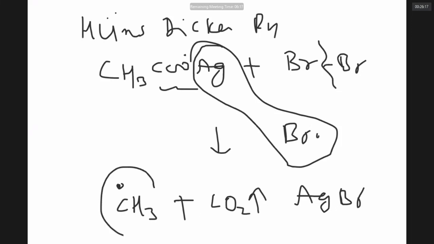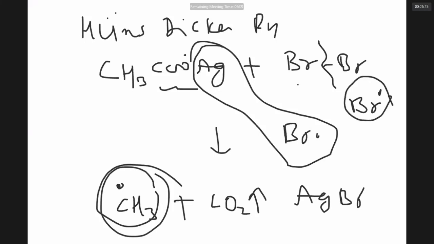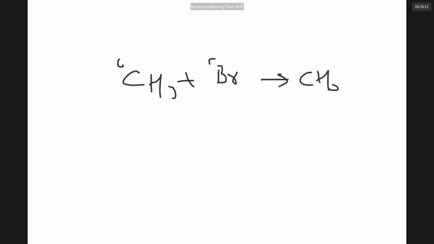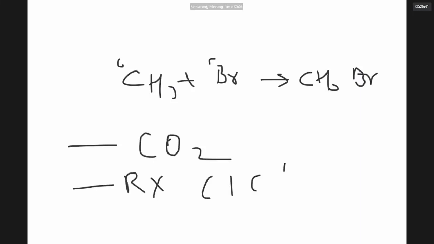This free radical and the Br free radical, because Br will break into two Br atoms, the Br atom and the CH3 free radical, both very rapidly combine to give CH3Br. So in the Hunsdiecker reaction, there is always loss of CO2. Always the alkyl halide produced has one carbon less than the parent.